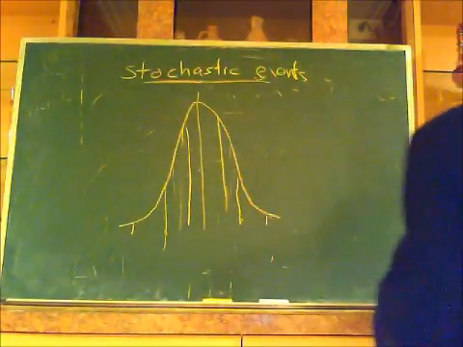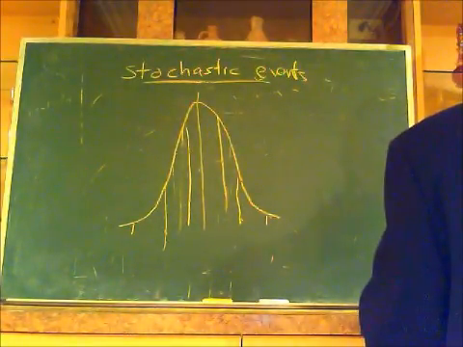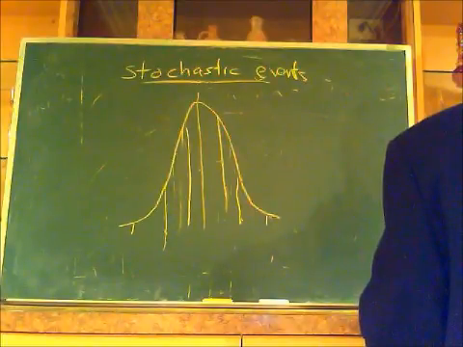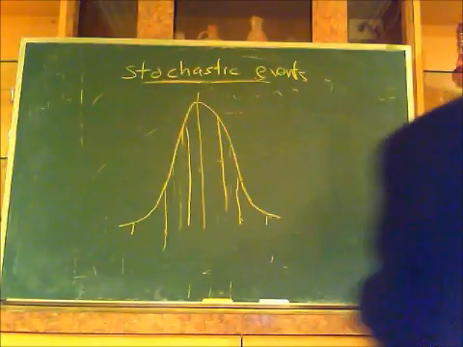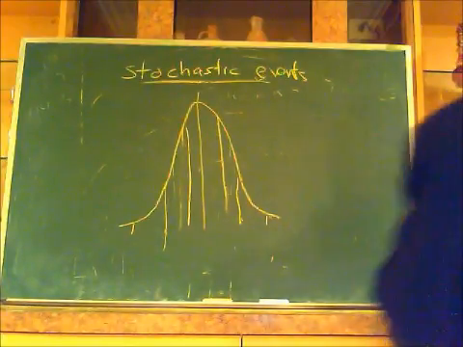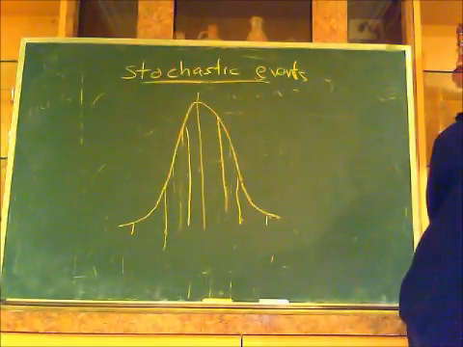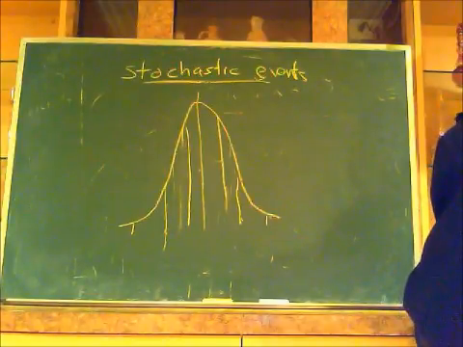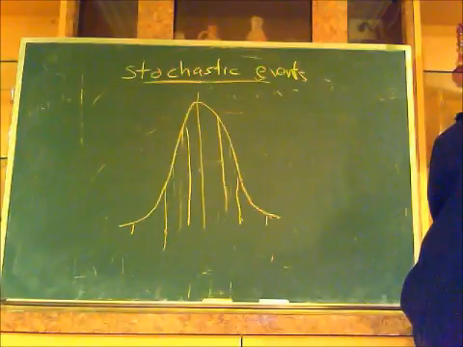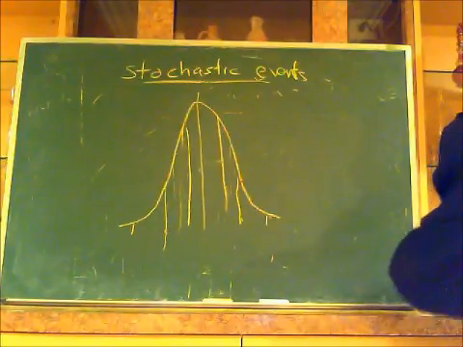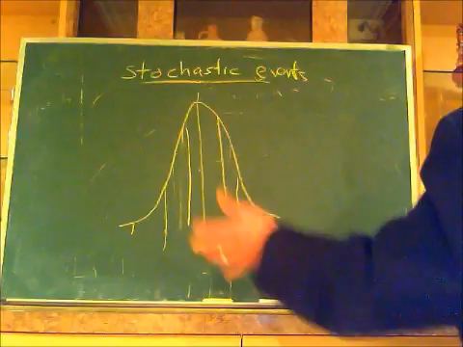So we can look at some other things in here. We can find something called the standard deviation of the mean. We take the normal standard deviation, the one we just calculated before, and divide it by the square root of n, the number of determinations we made.